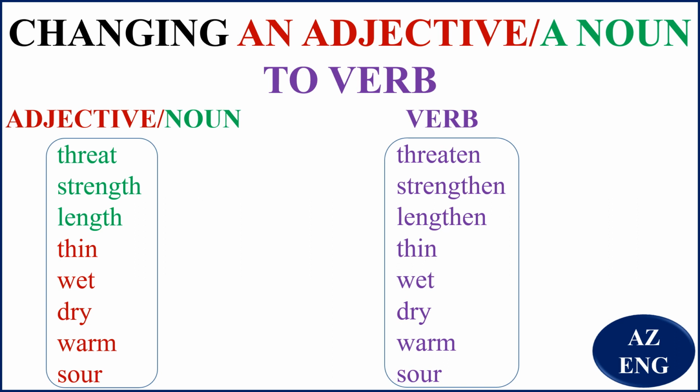If you put your hands in the milk, you will sour it. That is, you'll make it sour. Or the milk will sour. That is, it will become sour. So sour as an adjective, or sour making it sour, or becoming sour. Very simple.